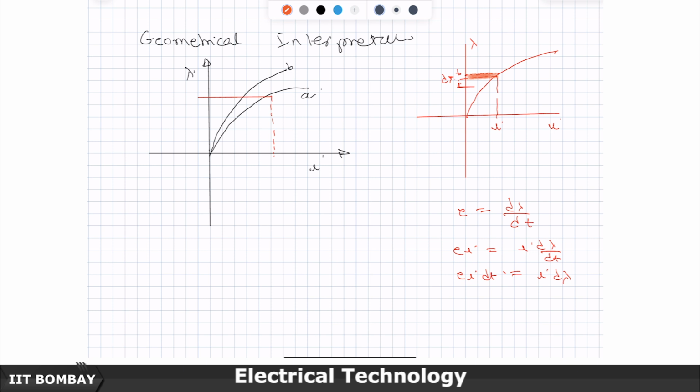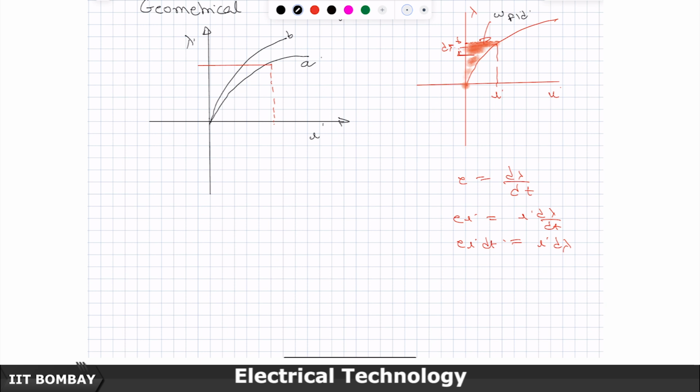Therefore, when I start from here and reach here, I am going to add this, and so this becomes my WFLD, the magnetic field energy. This area above the BH curve up to my final point, looking into this rectangle, is the stored magnetic field energy that I will get.